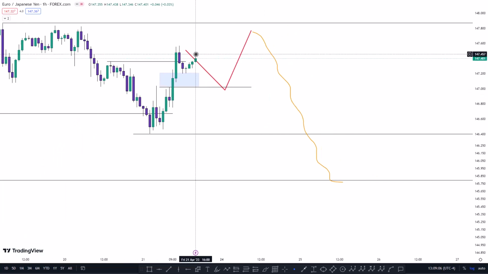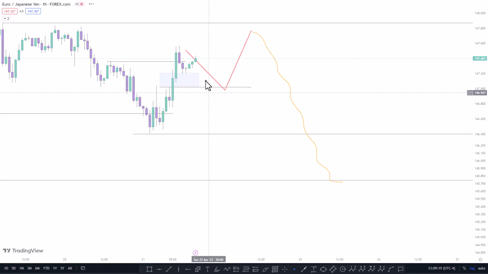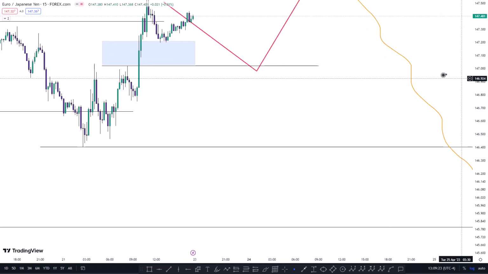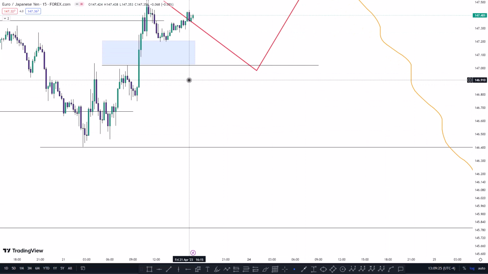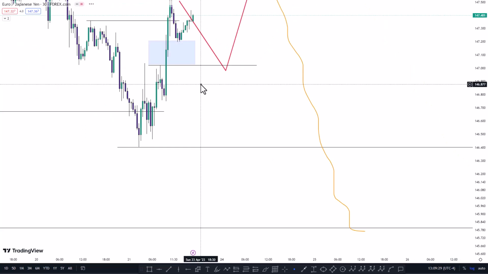So if a new day starts here, you start thinking how markets like to create a pullback. For example, on this candle, you can go to a lower time frame to see more structure. For example, 15 minutes, right? You can think how market. Let me check on 30 minutes.